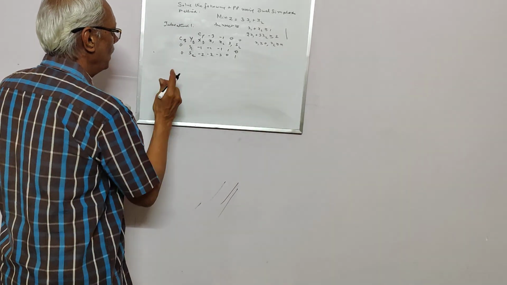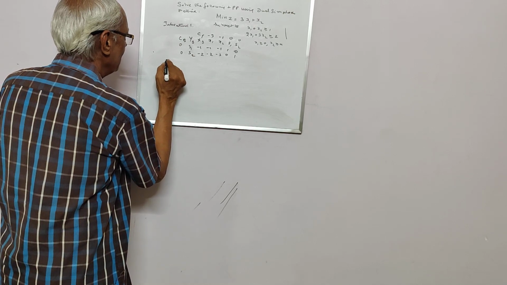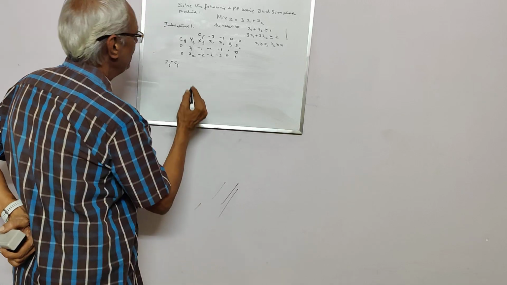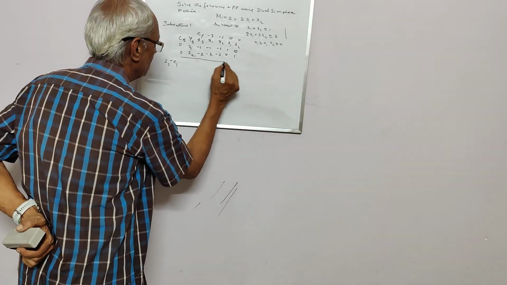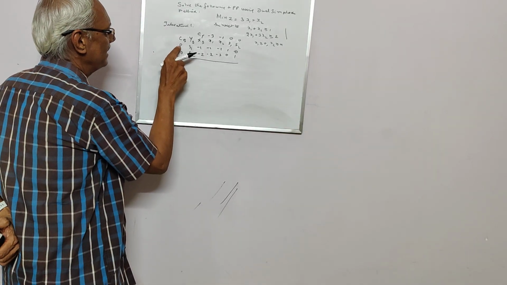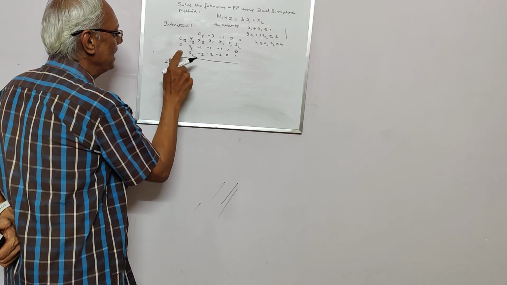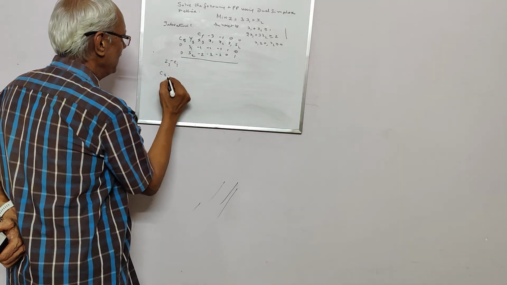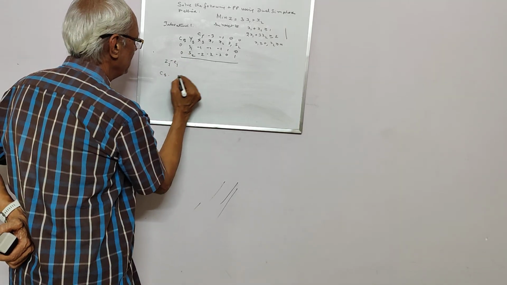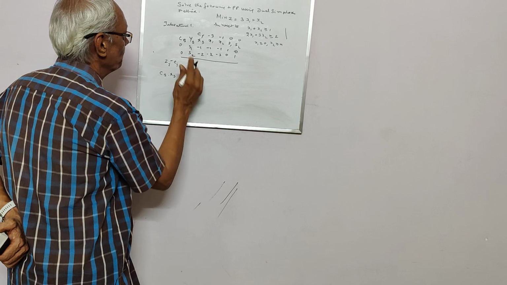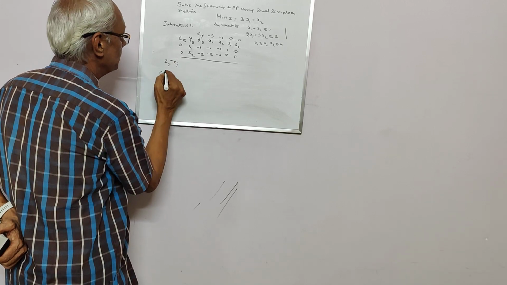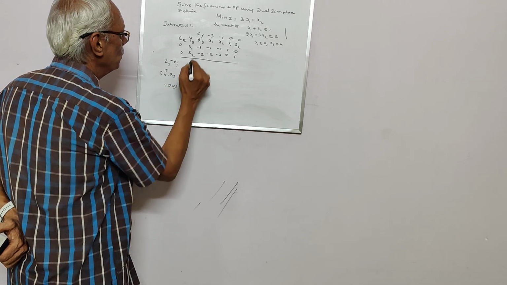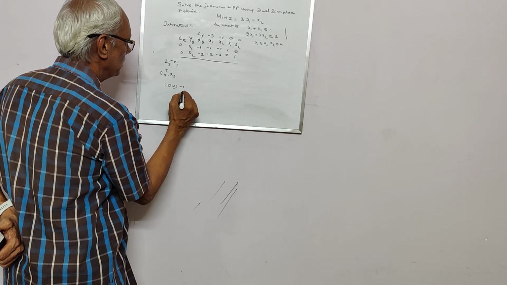I put it like this. Then I write this as Zj minus Cj. I will tell you what it is. Zj minus Cj means CB into XB. See, CB transpose is 0, 0 into minus 1, minus 2.